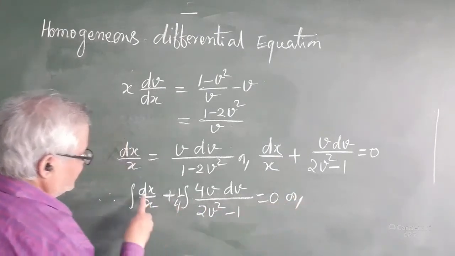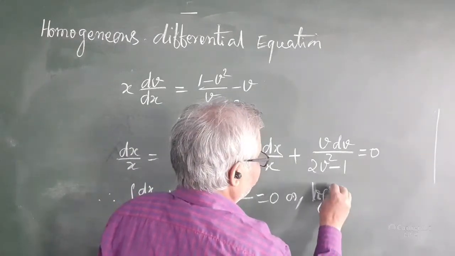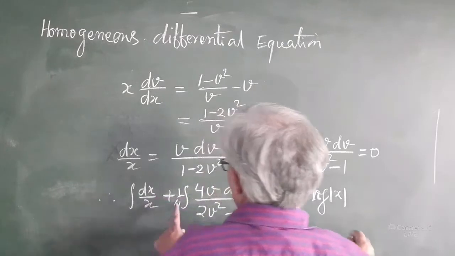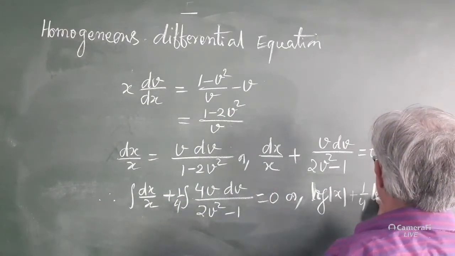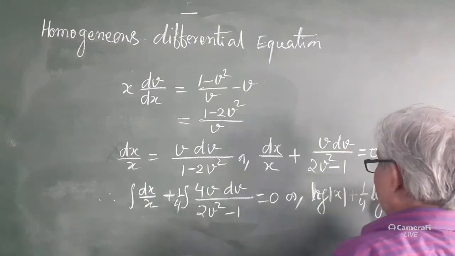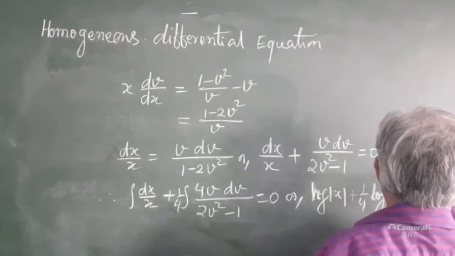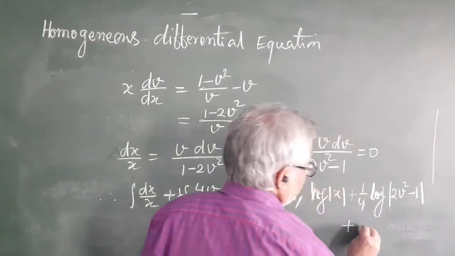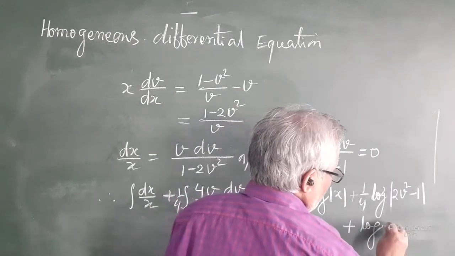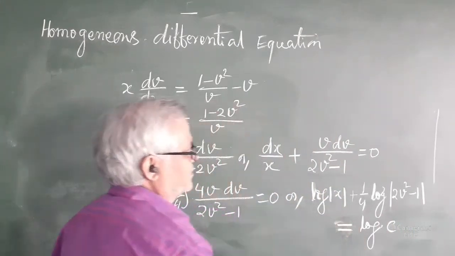Or I can write its integral is log x plus 1 by 4 log 2v square minus 1, and plus a constant of integration, say log c.